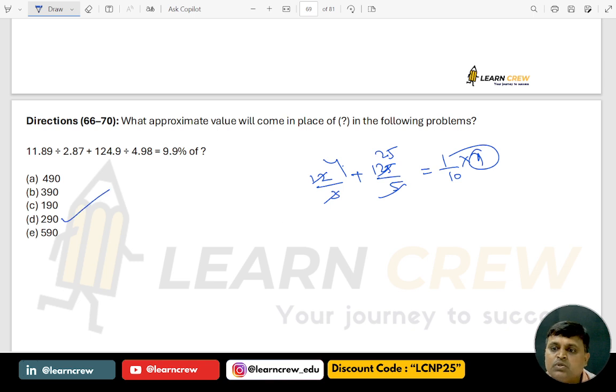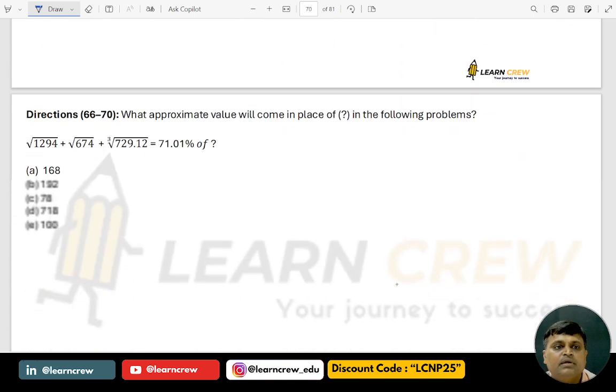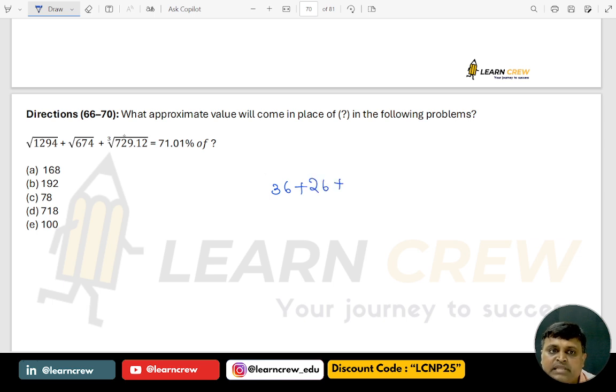Next, 1296 under root is 36, 676 under root is 26, 729 cube root is 9, 71 percentage. So what is this value? 36 plus 26, 62 plus 9, 71. 71 is 71 percentage of 100. So answer is 100 here.